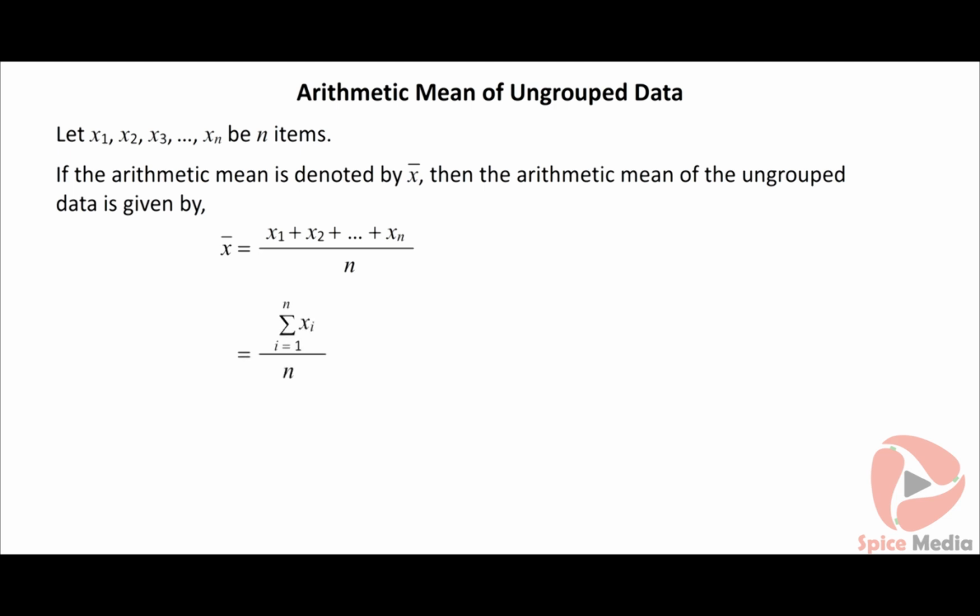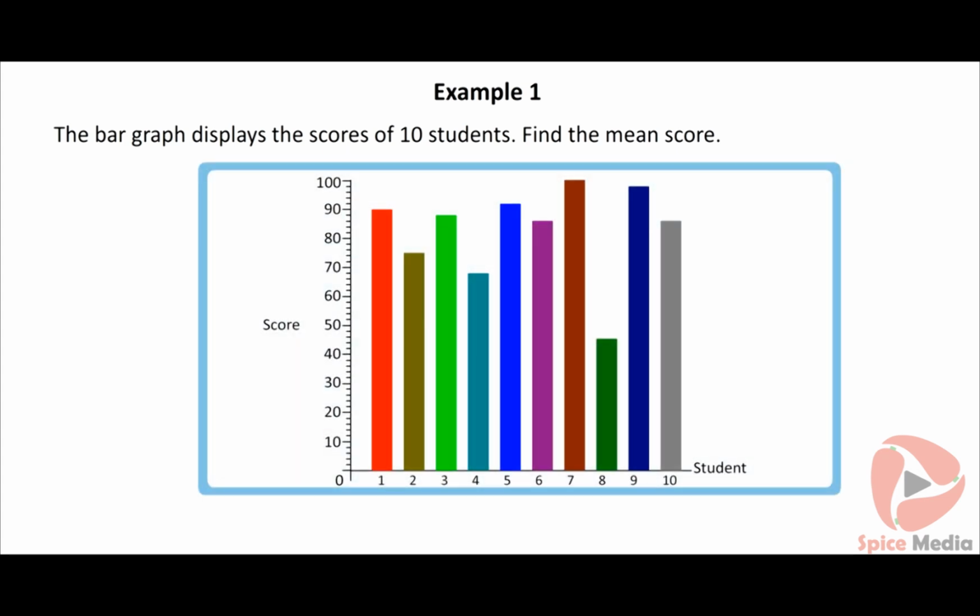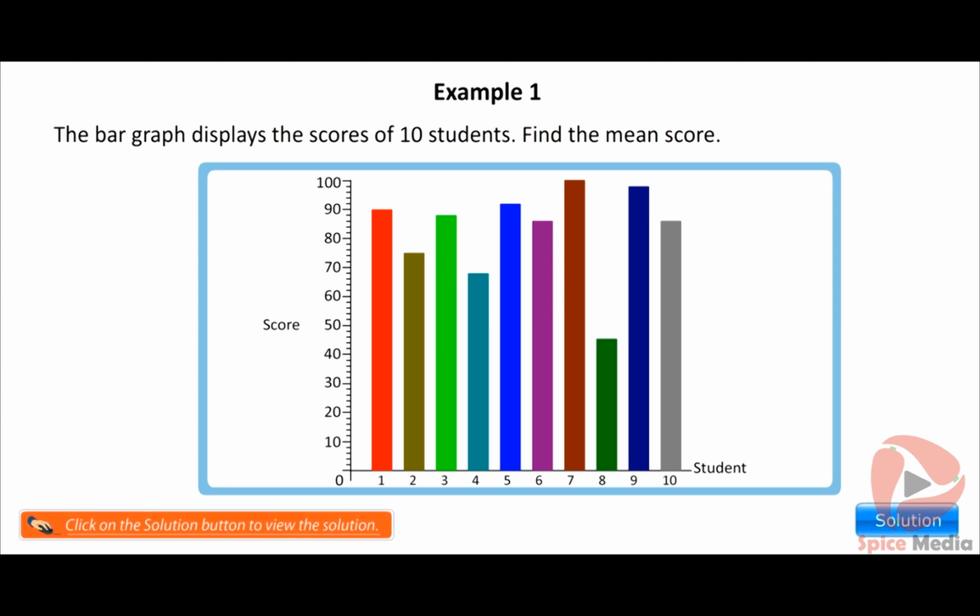If the arithmetic mean is denoted by x bar, then the arithmetic mean of the ungrouped data is given by x bar is equal to x1 plus x2 and so on plus xn divided by n, which is equal to sigma i is equal to 1 to n xi divided by n, where sigma i is equal to 1 to n xi is equal to x1 plus x2 and so on plus xn.